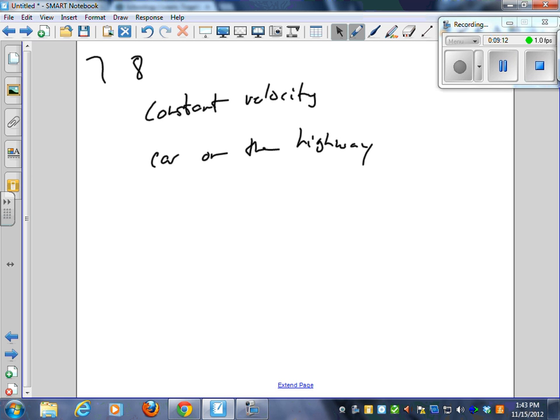You may have said it's increasing velocity, but it's not. The velocity time graph for it, because it's constant, would be flat, not straight, flat. If it's like this, then that indicates increasing velocity. So that's question number 7 or 8.